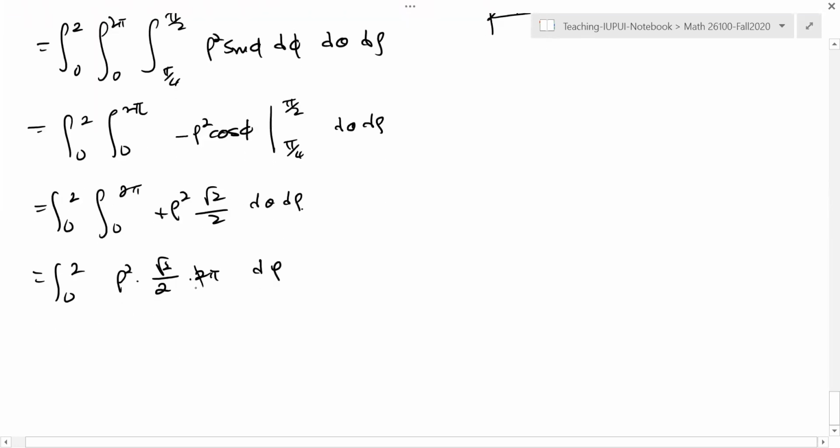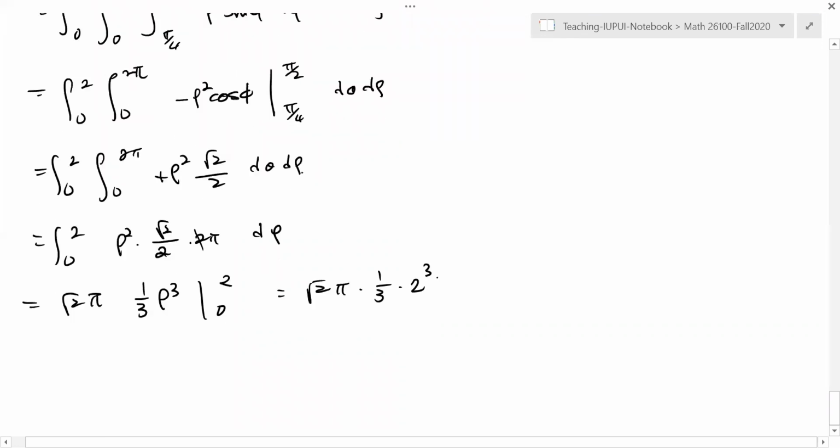So the antiderivative of rho square is going to be 1/3 rho cube. So the answer will be, let's simplify it, 8 square root 2 pi over 3. All right, so that is the volume. Pretty strange number, right?